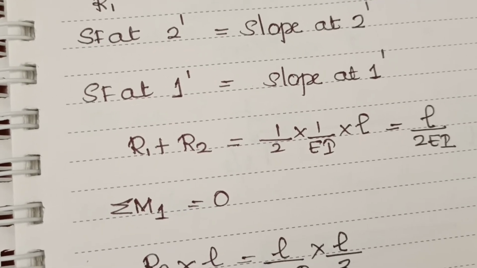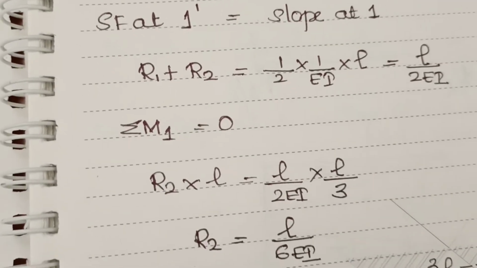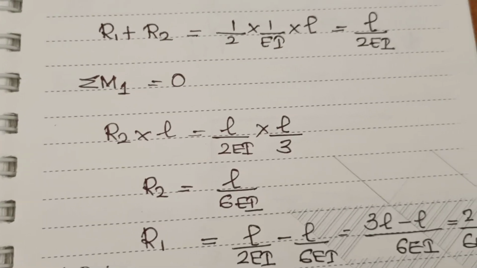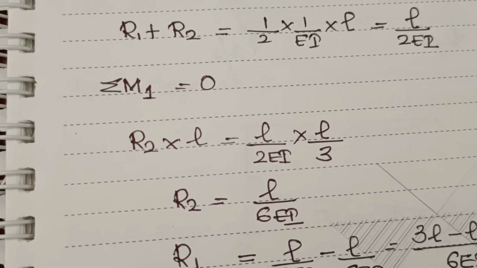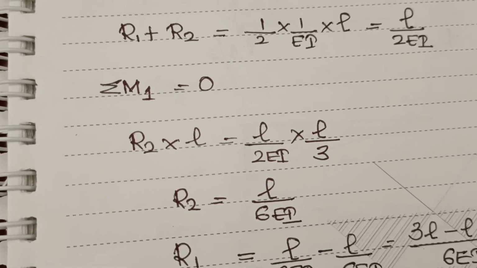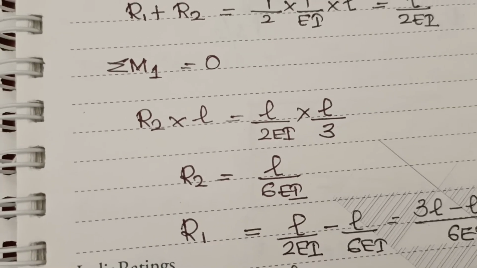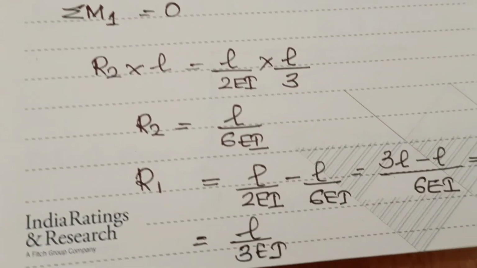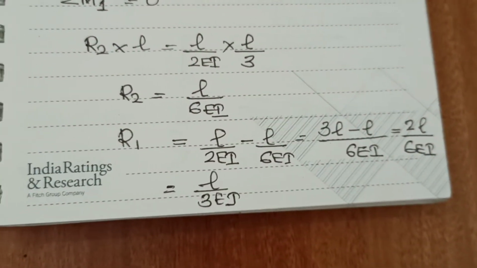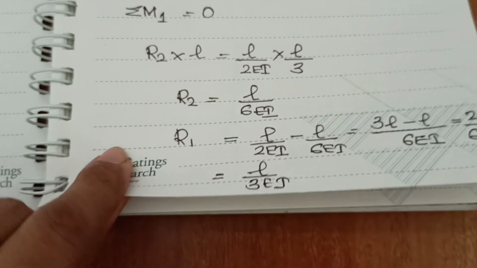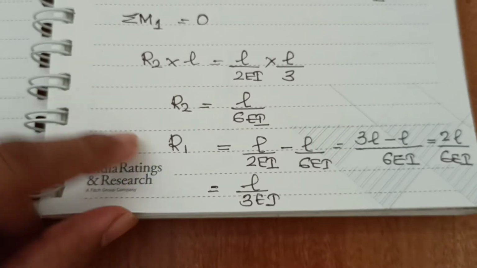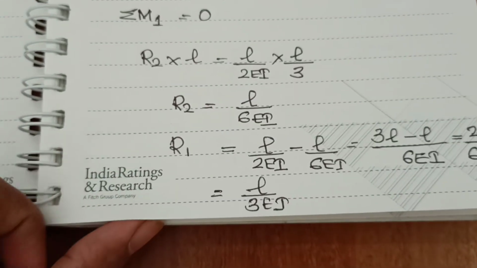Hence, we get the value of R2 as L by 6 EI. Hence, from R1 plus R2, we get the value of R1 as L by 3 EI. By getting the values of R1 and R2, we could find out the shear forces.